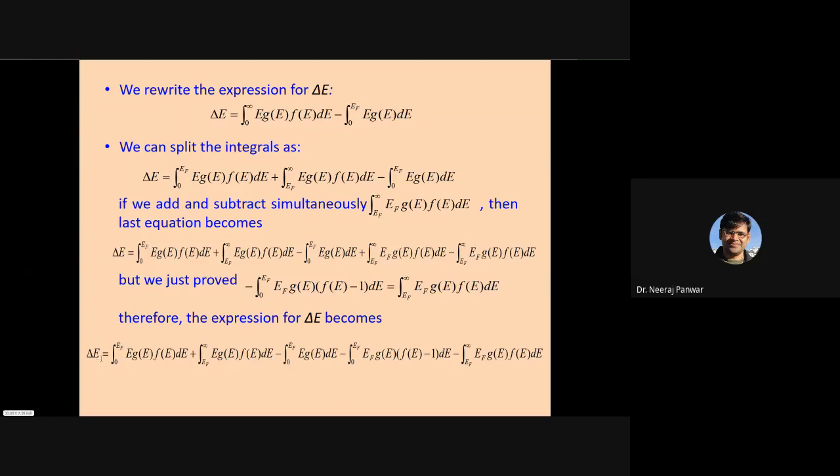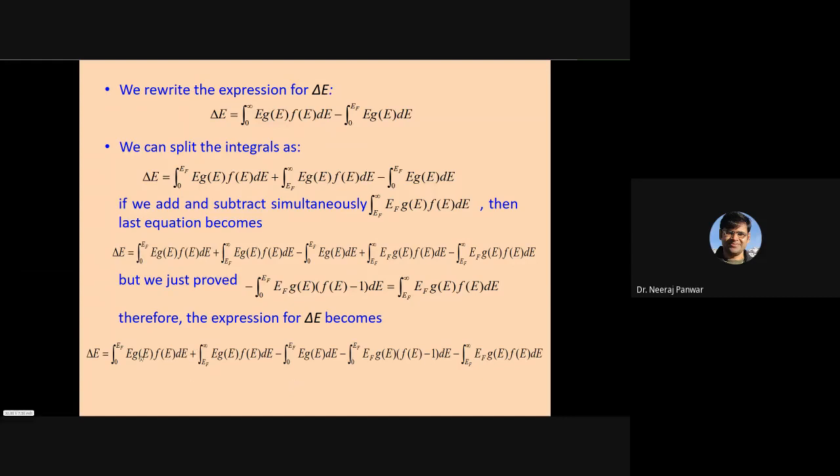After writing, delta E becomes integral 0 to EF E g of E f of E dE plus integral EF to infinity E g of E f of E dE minus integral 0 to EF E g of E dE minus integral 0 to EF g of E (f of E minus 1) dE minus integral EF to infinity EF g of E f of E dE.